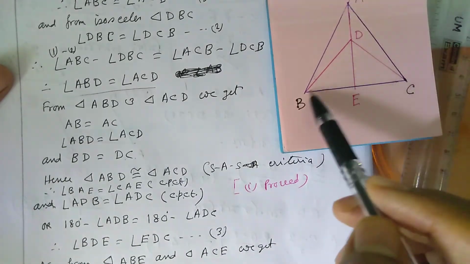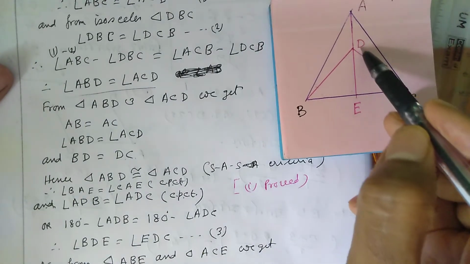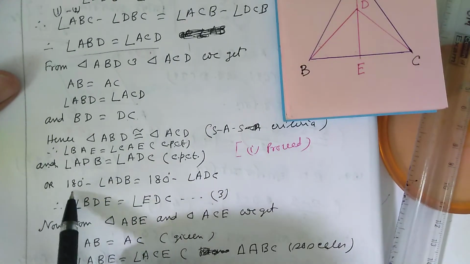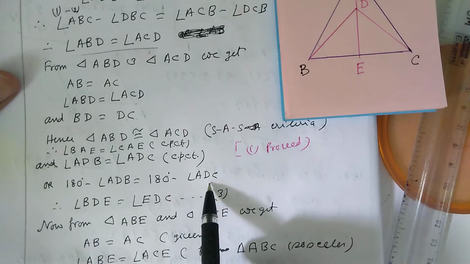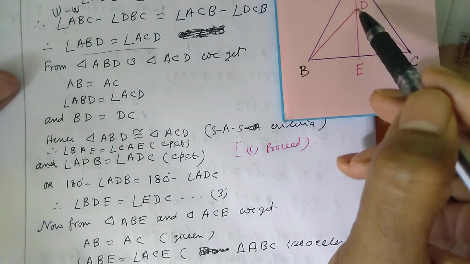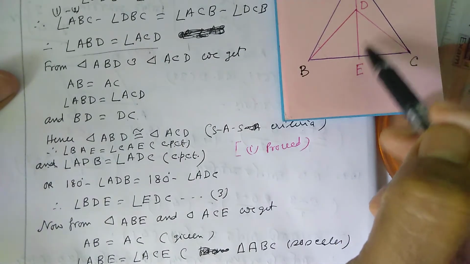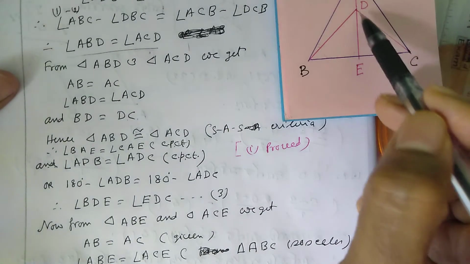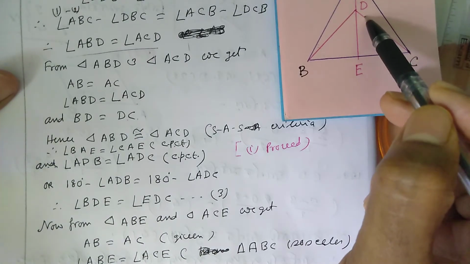Again 180 degree minus ADB equals 180 degree minus ADC. 180 degree minus ADB we get BDE, and 180 degree minus ADC we get EDC. Hence BDE equals EDC.